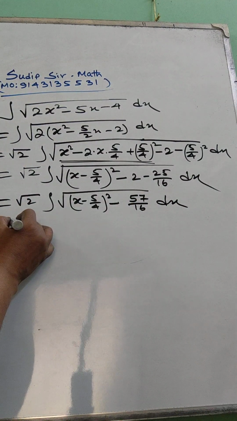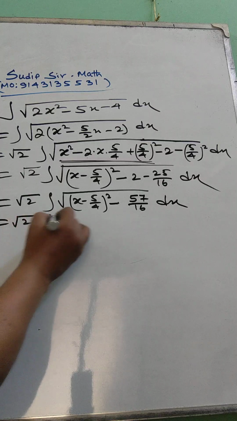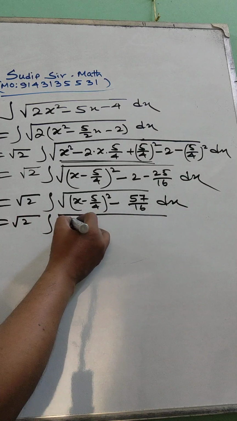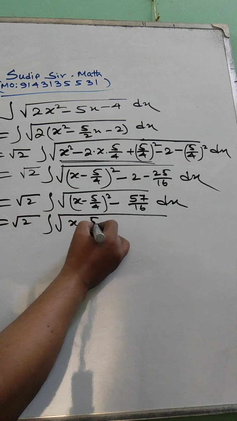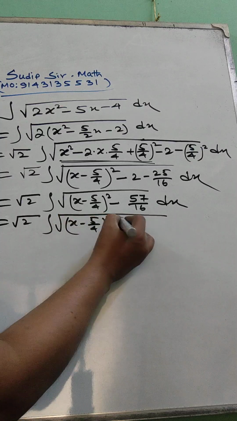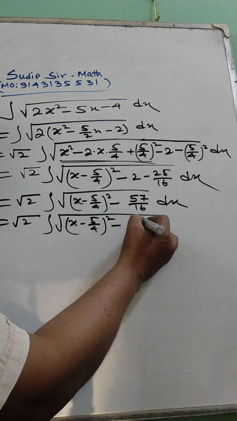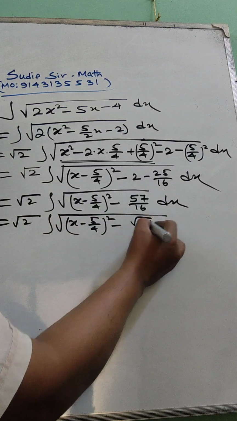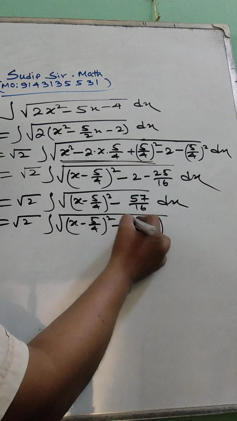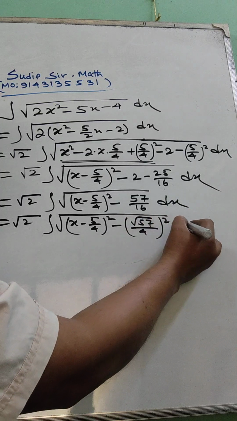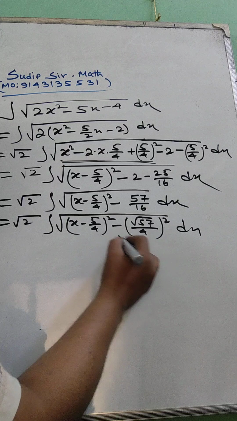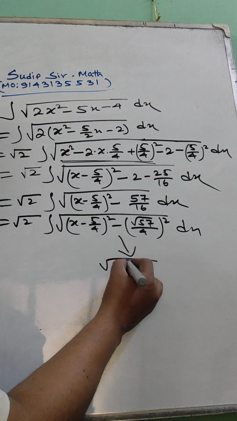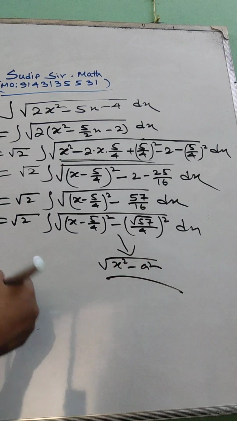So this is root over of (x minus 5/4) whole square minus (root 57/4) whole square dx. So this is the form of root over of x square minus a square type.